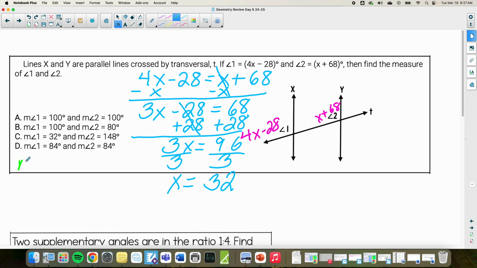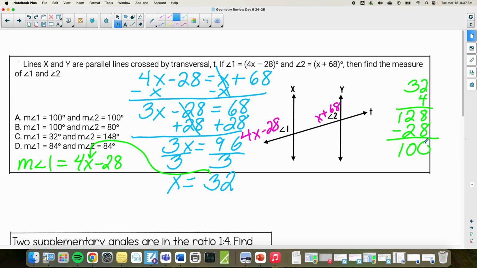So the measure of angle 1 is the 4x minus 28. And you're gonna take that 32 and you're gonna put it in there. And again, you can't use a calculator. So some of you might be able to do that in your heads. If you can't, you would go 32 times 4, this is 8, 128. Then you would subtract 28, and that's easy. 128 minus 28 is 100.